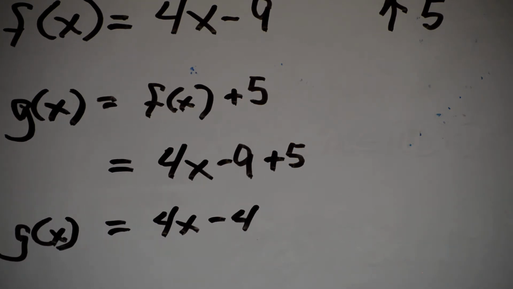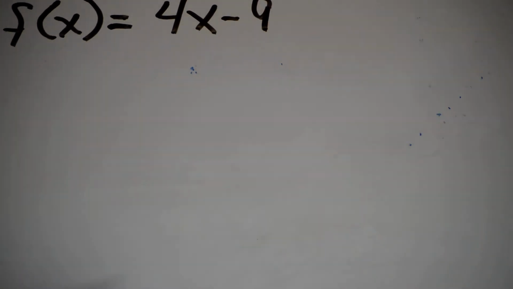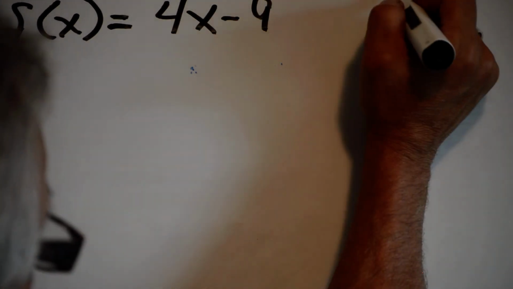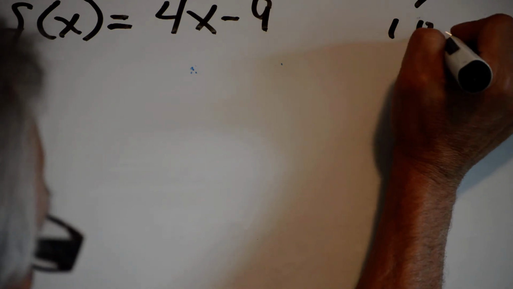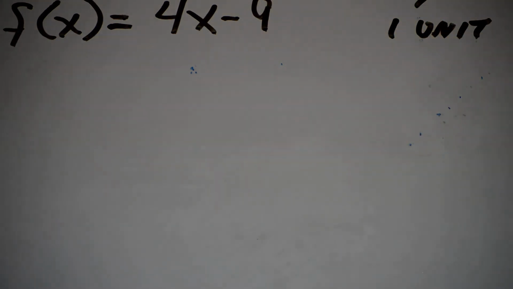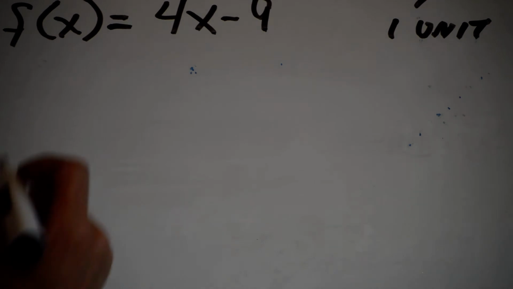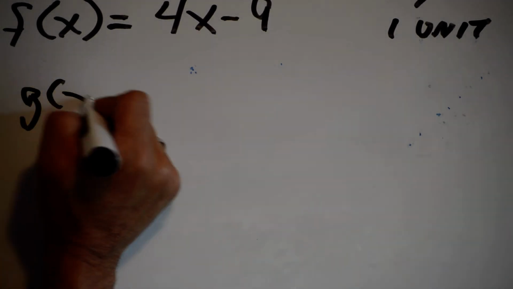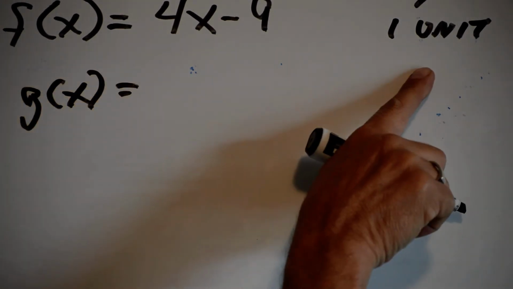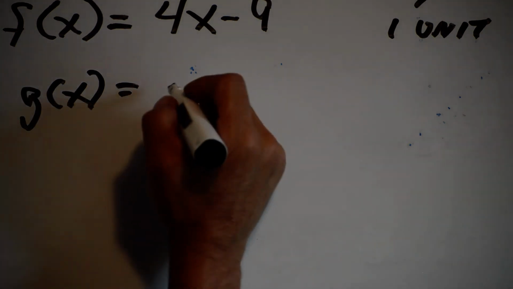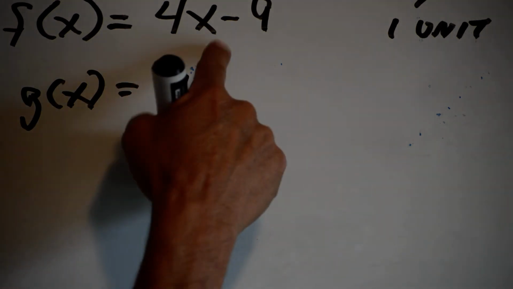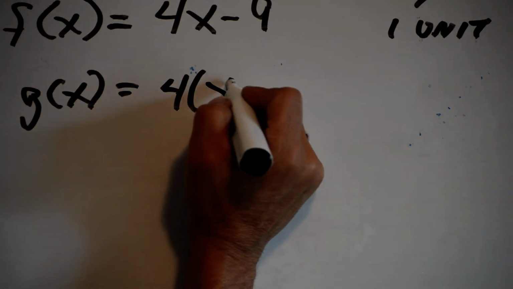All right, I'm going to use the same function. And this time I'm going to translate this 1 unit to the right. Now, since we're going left or right, remember that that goes with the x. Left or right is the same as the x-axis. So I have 4, and inside that parentheses, I have to have the x.